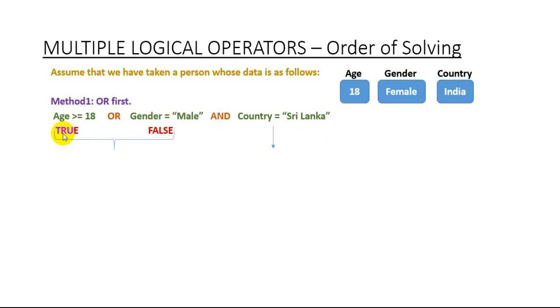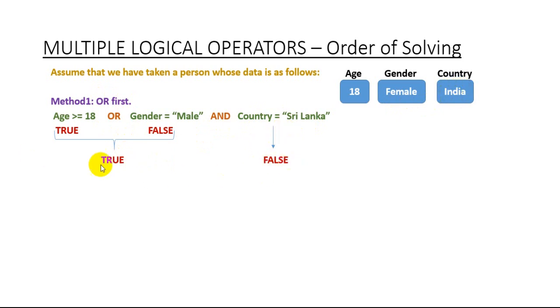So now we are going to solve the OR first. True or false is true, because with OR, if one of them is true or both are true, we get a true. For the OR to be false, both of them must be false. But here we have one true, so the result is true. We have done the OR. Then we have country equals Sri Lanka, which is false, since the country is India.